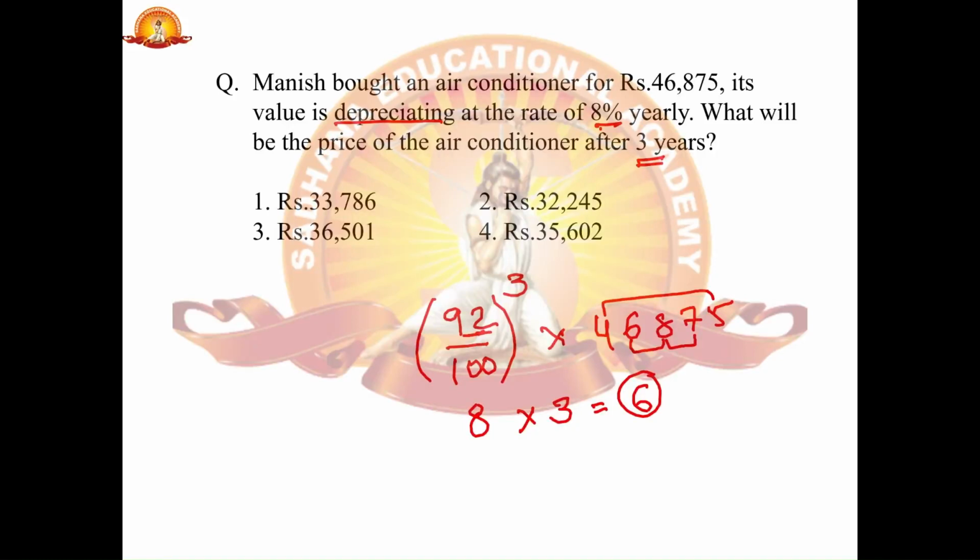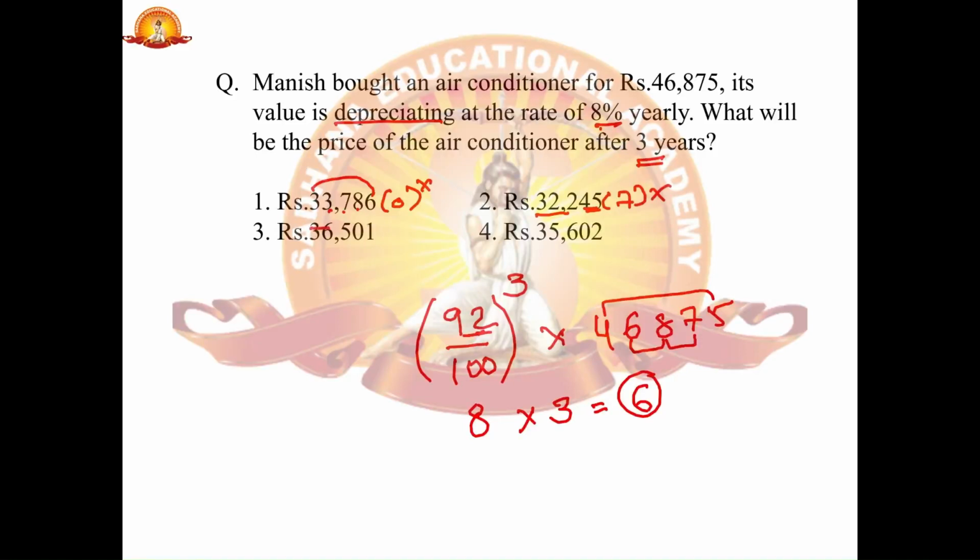So out of the given options, we have to verify which of the options has digital root 6. If you see the first option, 3 plus 6, 9, 3 plus 7, 10, 10 plus 8, 18, 18 means 9, 9 means 0. So this is not my answer. Next, the second option, 4 plus 5, 9, 3 plus 4, 7, which is not matching.